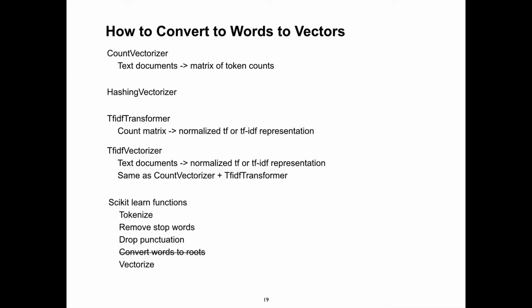And these functions, they will tokenize. So you just give it the string, and it'll tokenize it for you. It removes stop words. It drops punctuation. It doesn't convert to root words. If you've got a plural in there, it keeps it there. If you've got laughed and laughing, it keeps them as separate words. So if you really want to do that, you have to do some more work, and it's hard work.